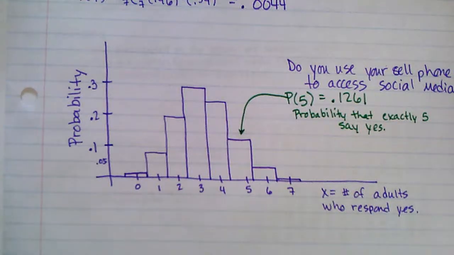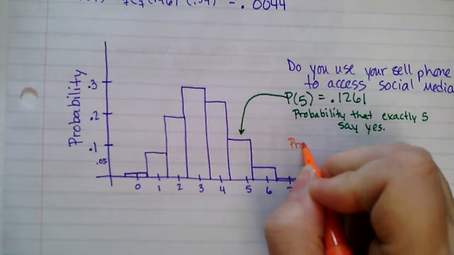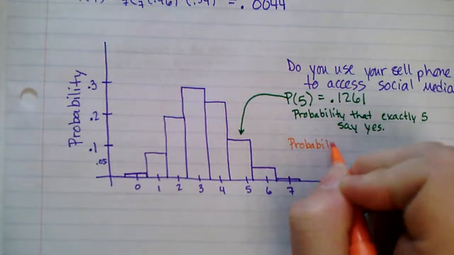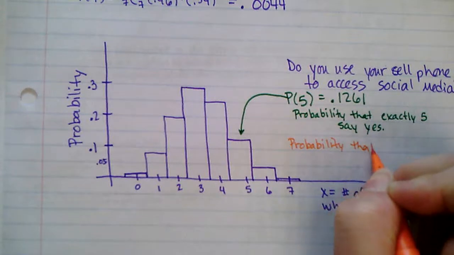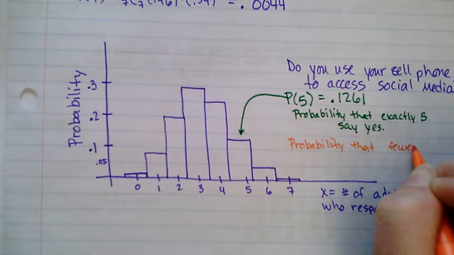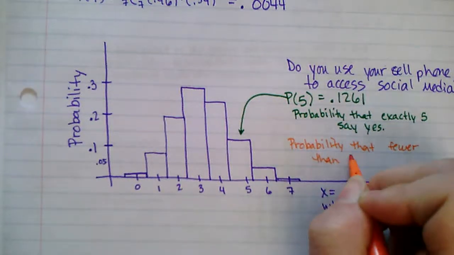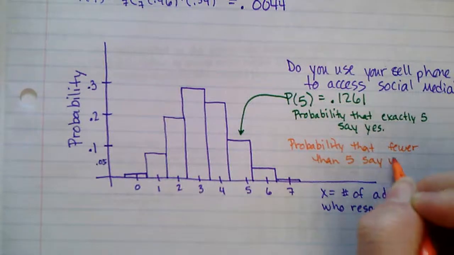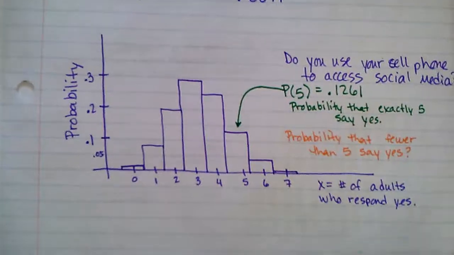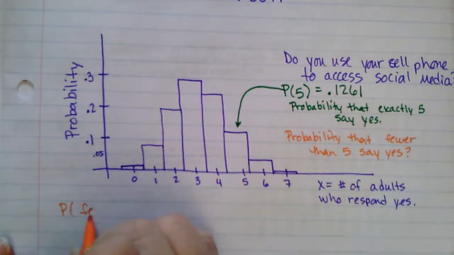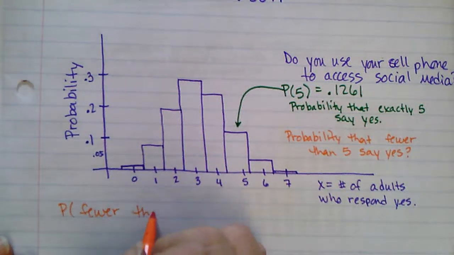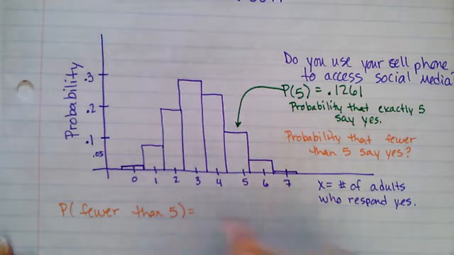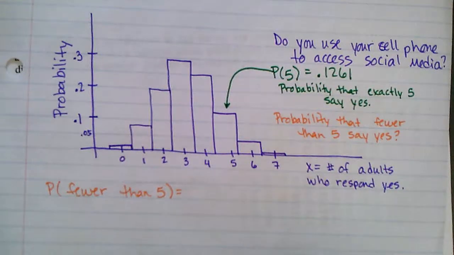But what if I wanted to know the probability that fewer than 5 say yes? So the probability of fewer than 5, I can actually find this 2 ways.